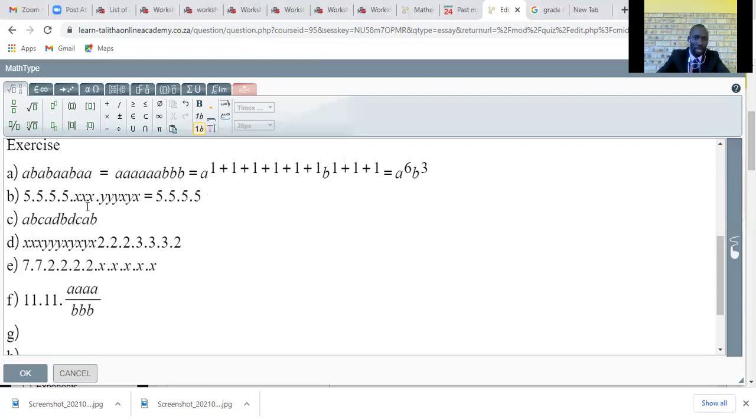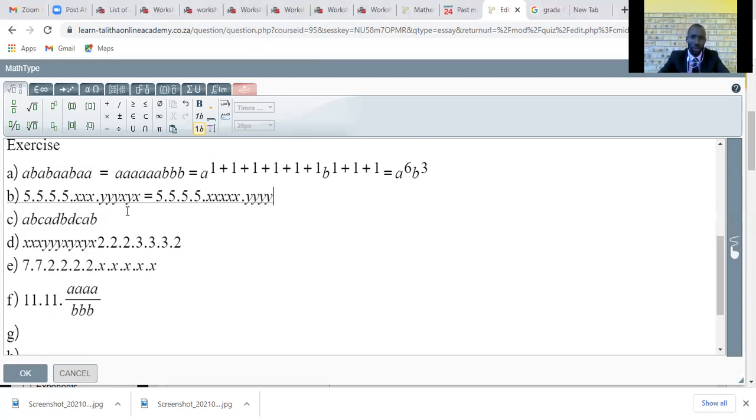We have 1, 2, 3, 4, 5 x's. Then how many y's do you have? 1, 2, 3, 4. We have 4 y's.